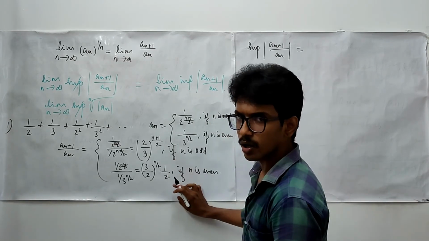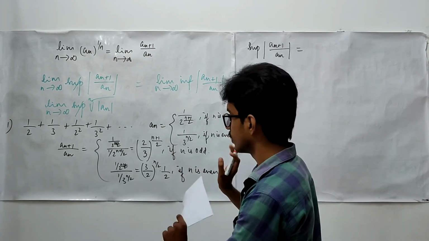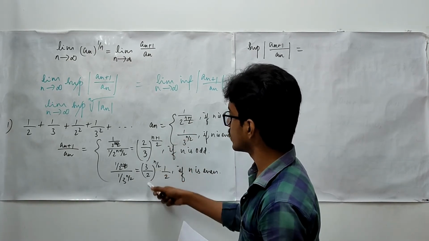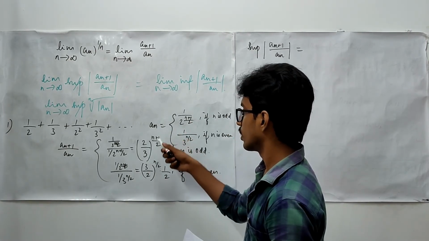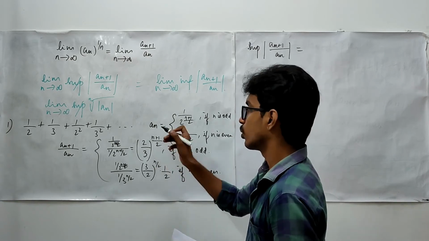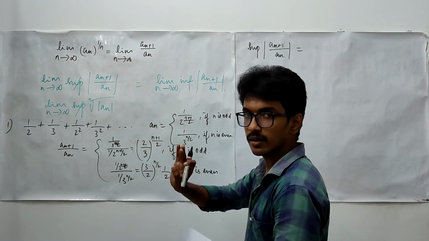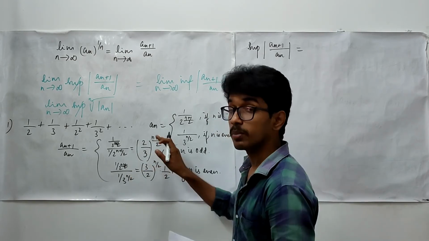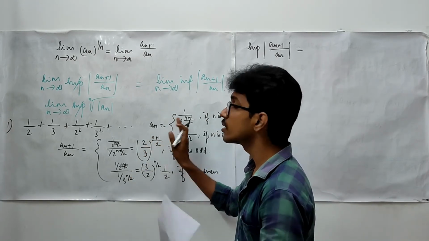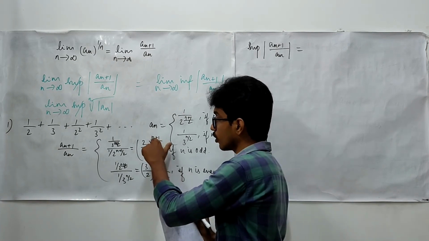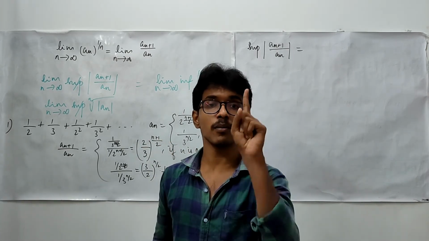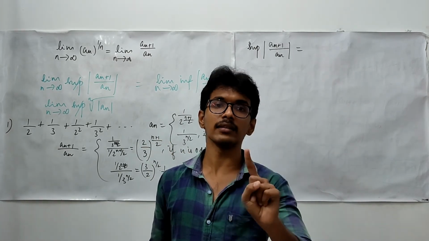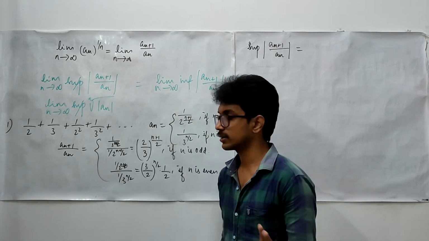Forget about this 1 upon 2 just for the sake of comparing. Just look at these values. Whatever may be the power here, you are going to have something extra here. This is some quantity which is bigger than 1, and this is some quantity which is smaller than 1, and of course your n will take values from 1 only, since n runs in the set of natural numbers.